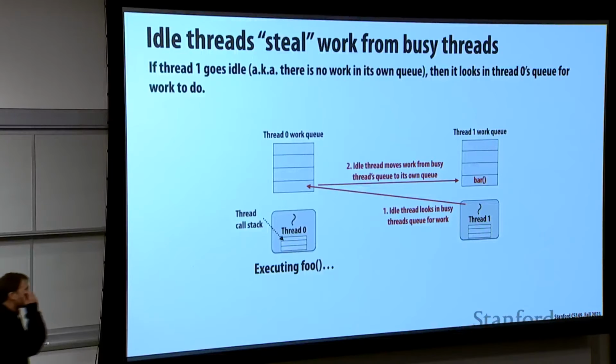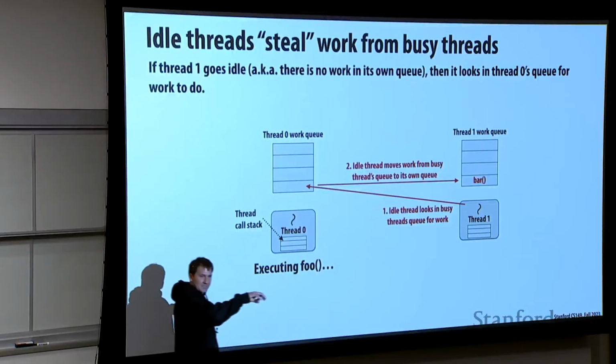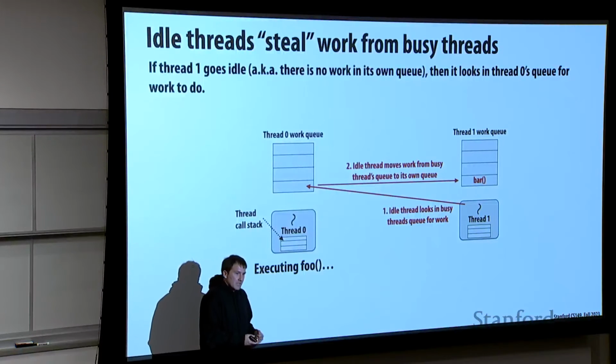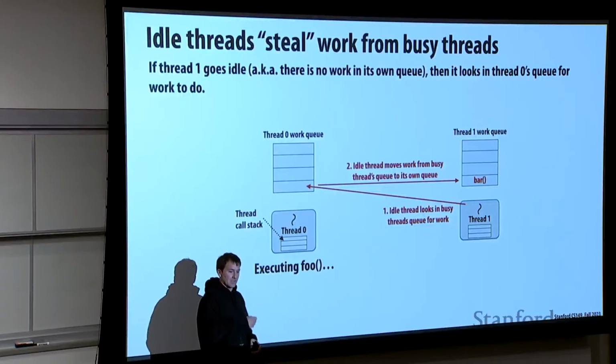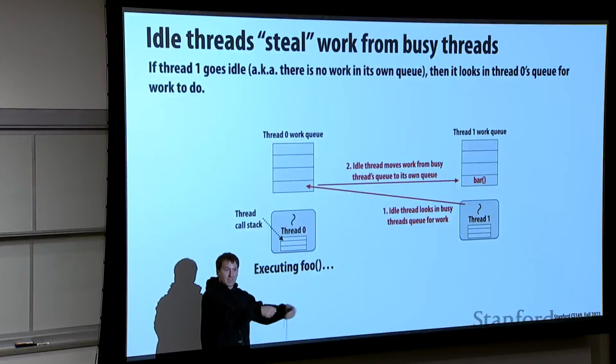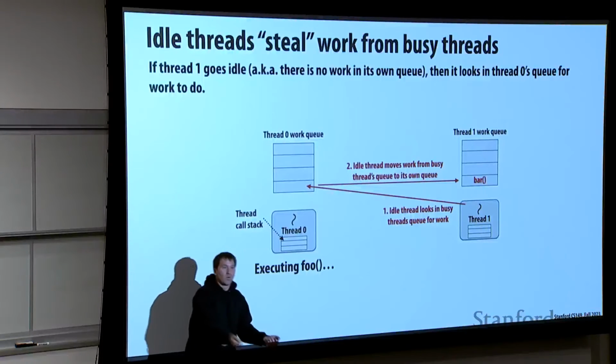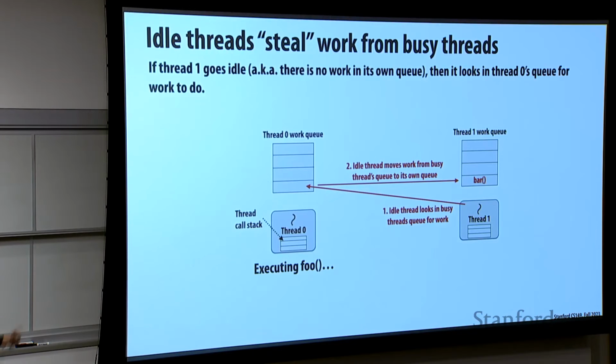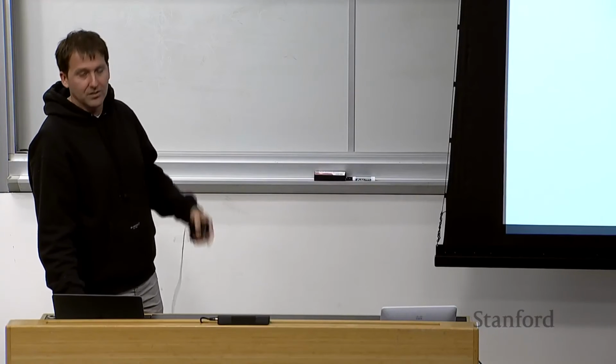So instead of the stack just sitting there in the heap, uninterpretable to other threads, when we spawn foo, we're actually going to create a data record that says there's foo, and there's the continuation, and there's bar. Both of these are in my work queue. One of the threads will take foo, the other thread will take bar. So in this multiple queue situation, every worker thread has a queue of stuff that it's supposed to do next. And if my queue ever goes empty, I'm going to go steal from somebody else.